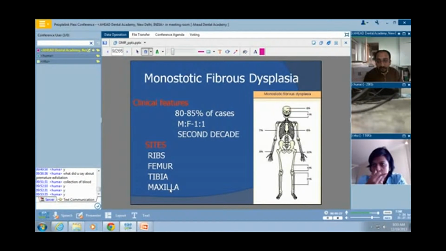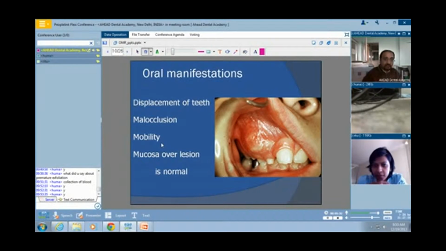The word maxilla really becomes important to us because of this, we have certain oral manifestations of fibrous dysplasia. By fibrous dysplasia, I mean monostotic fibrous dysplasia. Remember, in fibrous dysplasia, these oral medicine findings are not really important as compared to your radiological findings.